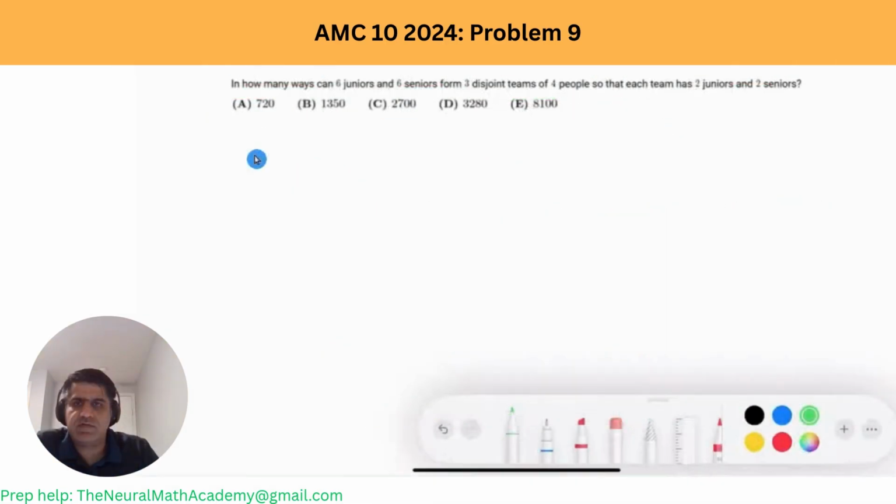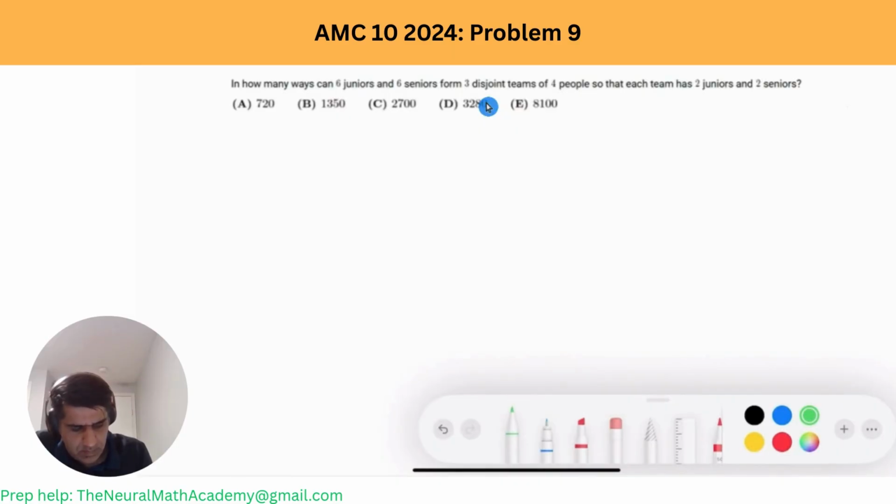Okay, so let's look at problem 9, where we have: in how many ways can 6 juniors and 6 seniors form 3 disjoint teams of 4 people, so that each team has 2 juniors and 2 seniors? As given in the problem, we need to form 3 teams.